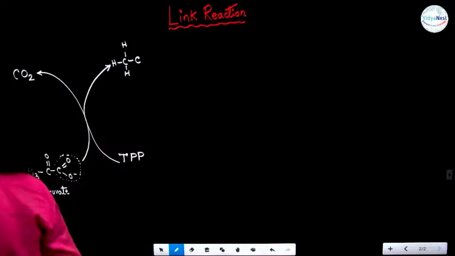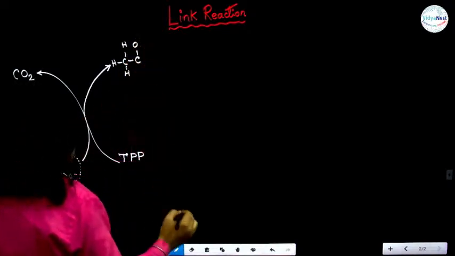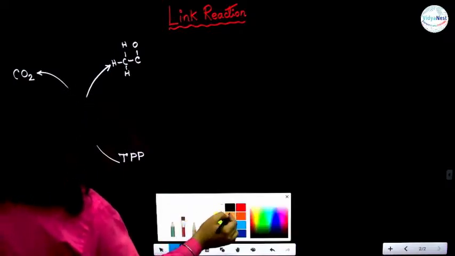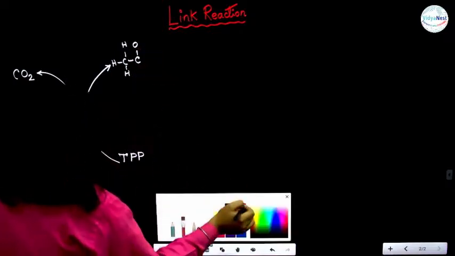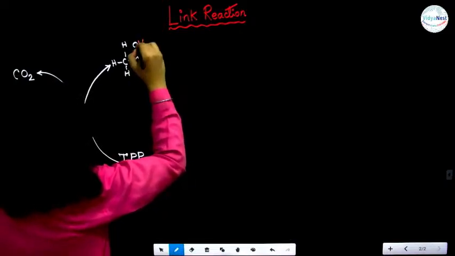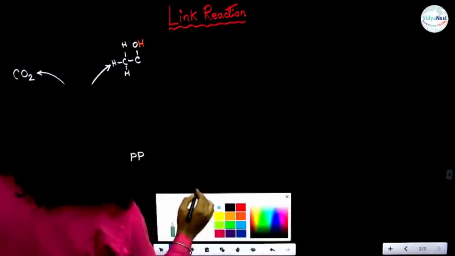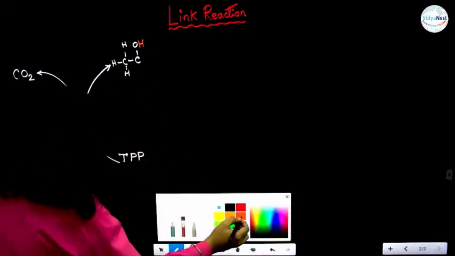There will be an H plus ion coming from outside. Let's write this H plus ion in this color. This H plus ion is coming from the cytosol.